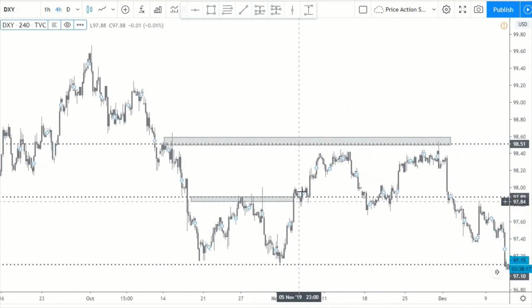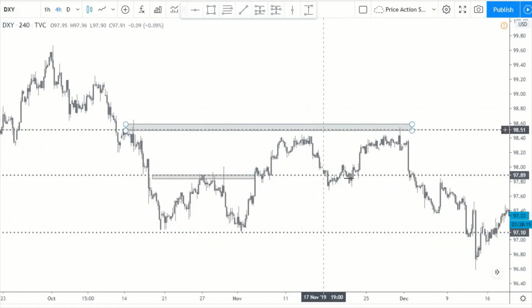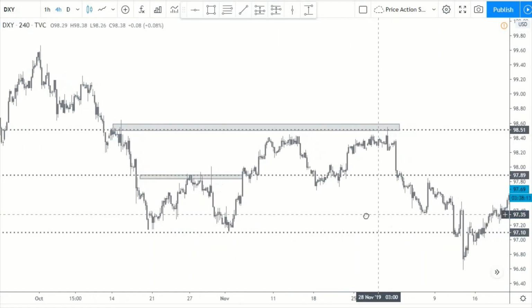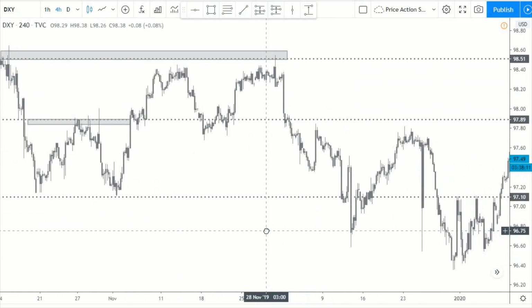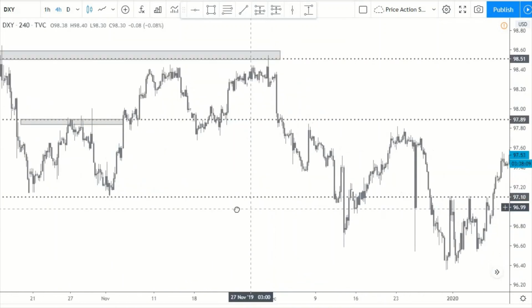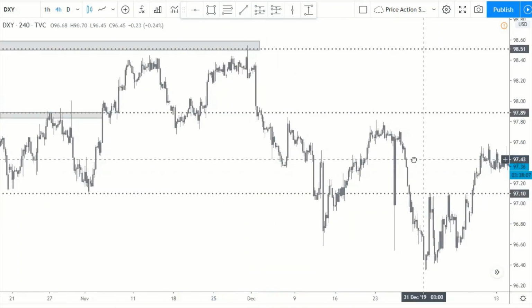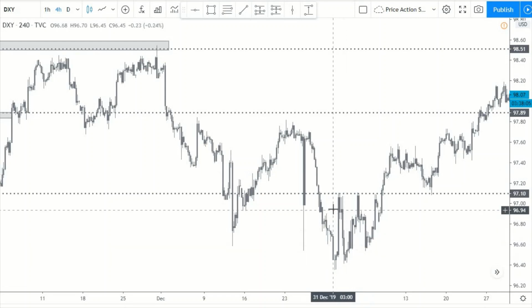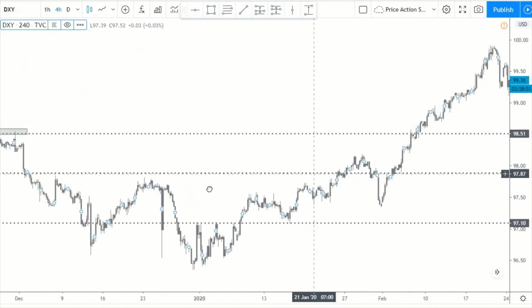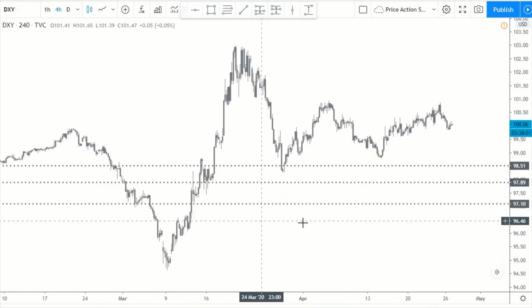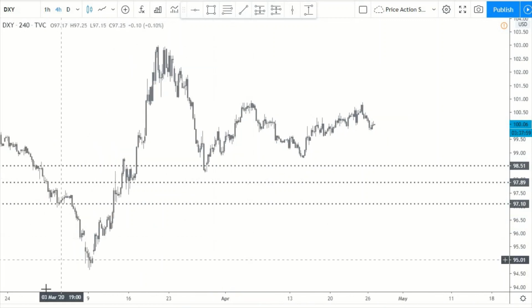Retest, continue upwards, come back down. You see, it's very accurate, and even way into the future, you can see it's really accurate. So this is the best way to draw support and resistance zones.